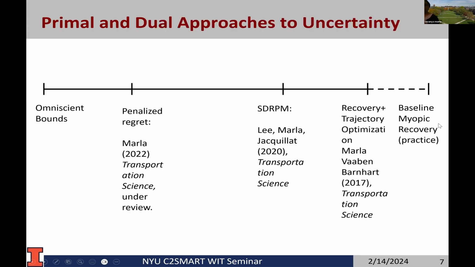Okay. So a little bit of the math. What I'll tell you a little bit about is the baseline myopic recovery, which is what is currently used in practice. Just from a philosophical point of view, what airlines do is to say, currently, I have information about the state of my system.